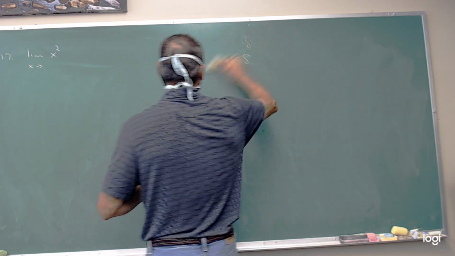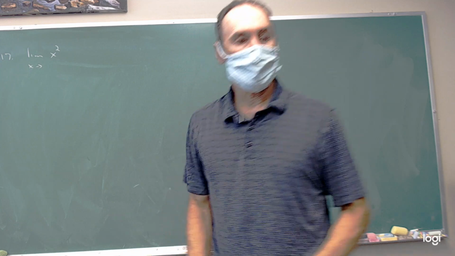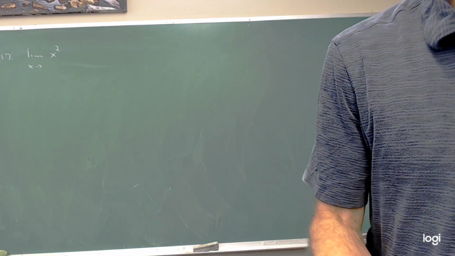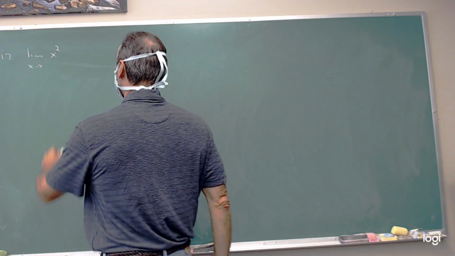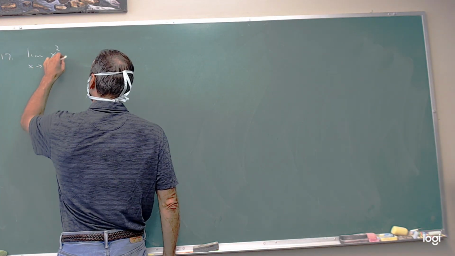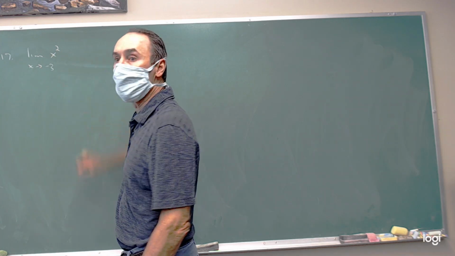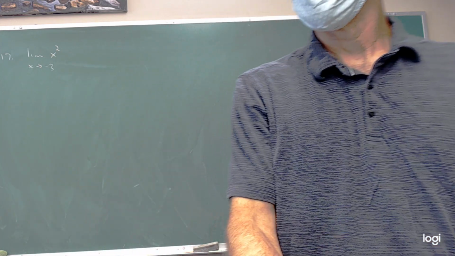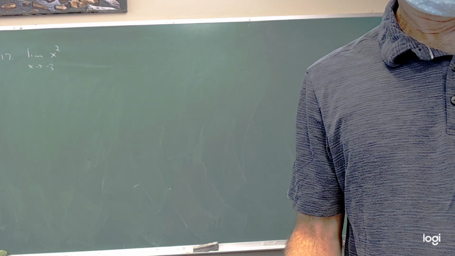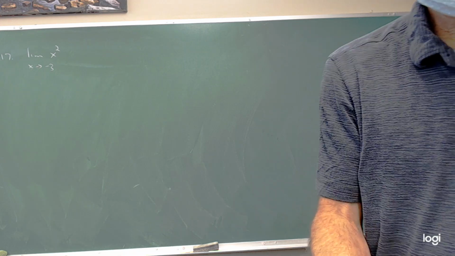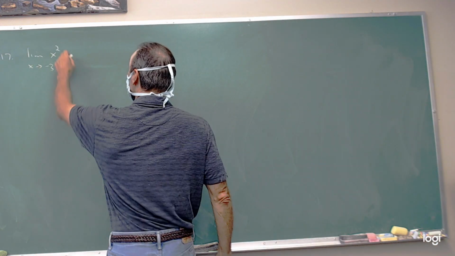I think it's as x approaches negative 3. And is it just x squared or x squared plus something or minus? I don't know, there's a gap on mine. It's just x squared. It's equal to L. Yeah. Okay.